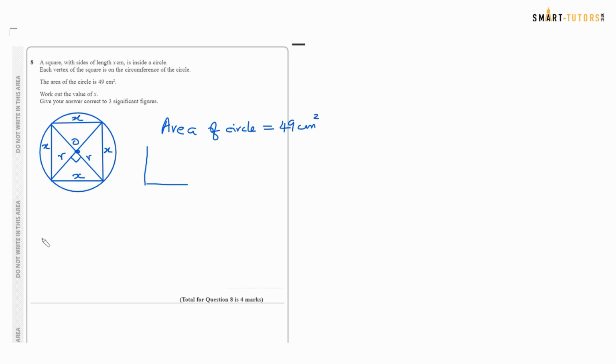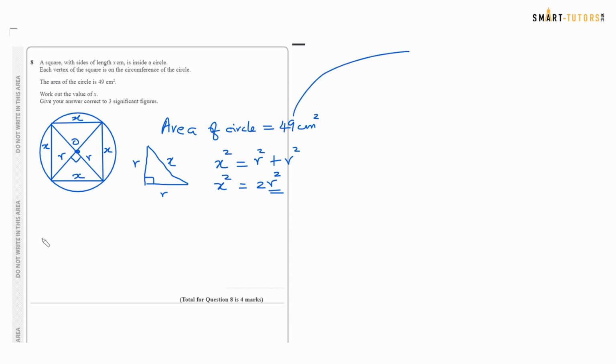So that is going to be a right angle triangle. If you carefully look at one of the right angle triangles, this is 90 degrees, this is R, this is R and this is X. If you apply the Pythagoras theorem, x squared equals r squared plus r squared. So x squared equals 2r squared.